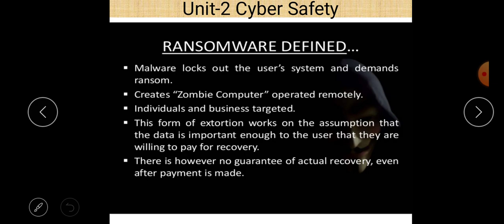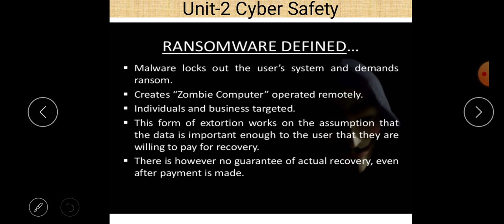But the most important thing is that there is no guarantee of actual recovery even after payment is made. That is the most dangerous thing about ransomware: most hackers delete or damage that data even after payment is made.